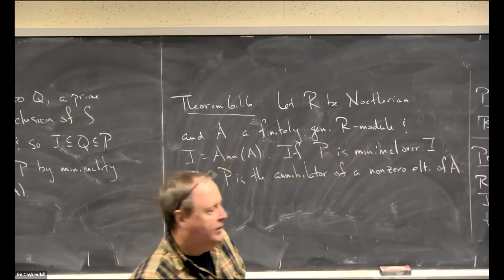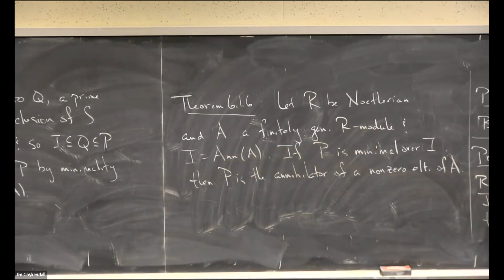So here's kind of the gist of what this is saying. You have some finitely generated R module, A. I is the annihilator of all of A. So the stuff in I kills everything in A, right?